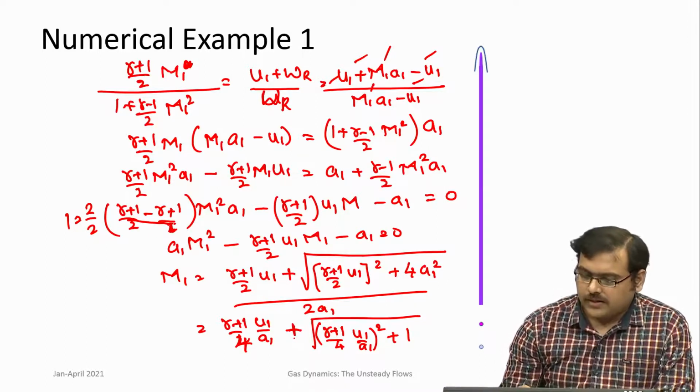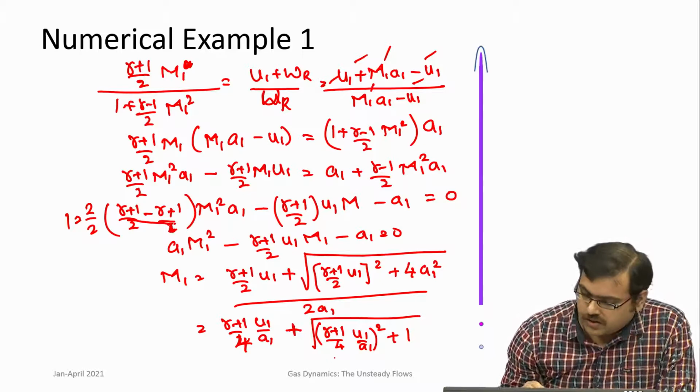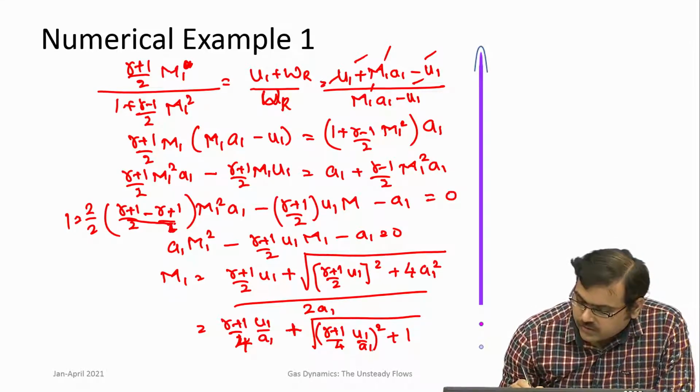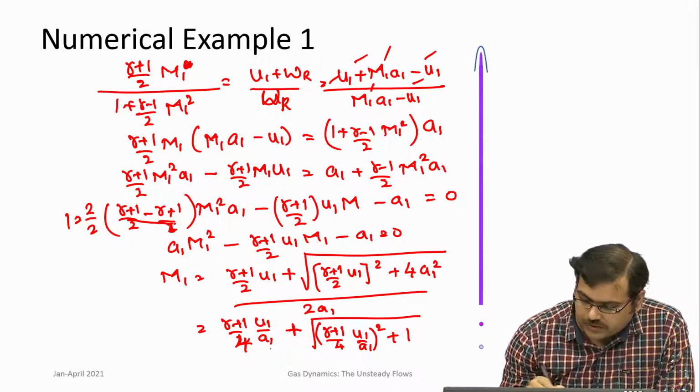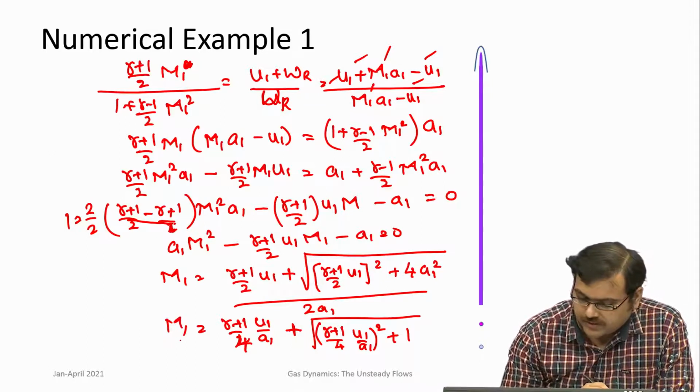You will take the positive term because if you take negative, this will be greater than (gamma plus 1) by 4 u1 by a1, so it will have a negative value, so that is not possible. So you take the positive value.